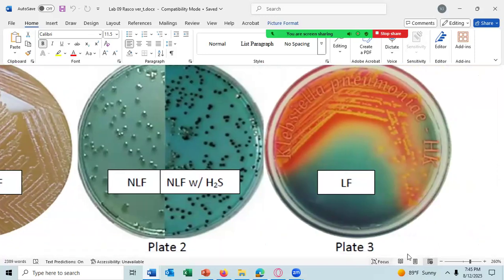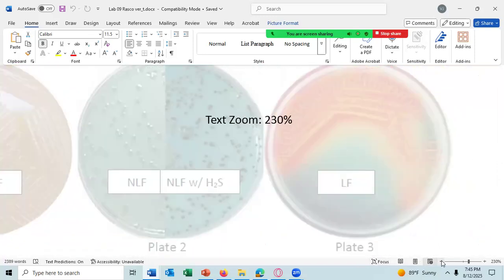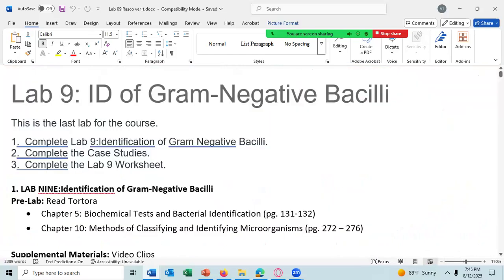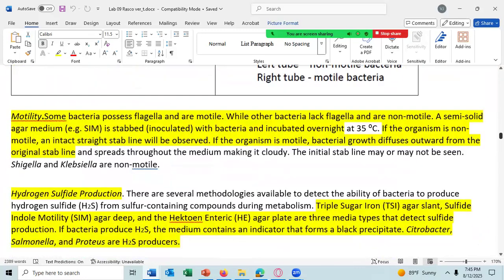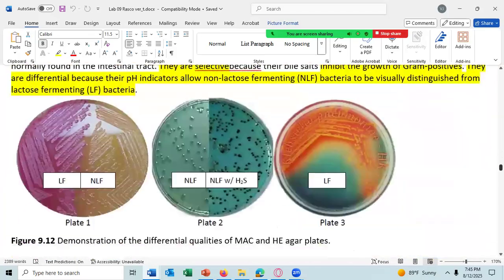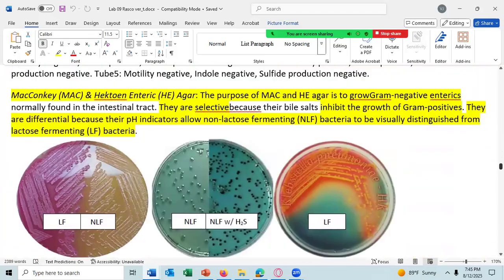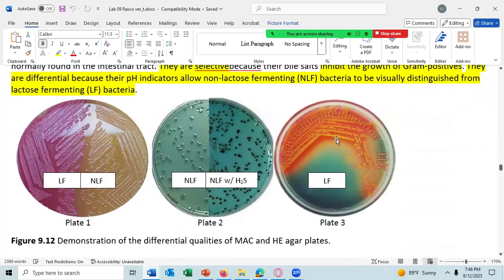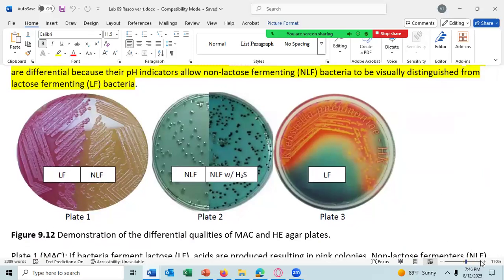For the gram-negative species, which can grow on the HE plate, if they can ferment the sugar lactose, it'll change the color from yellow to orange, and this looks more like orange.